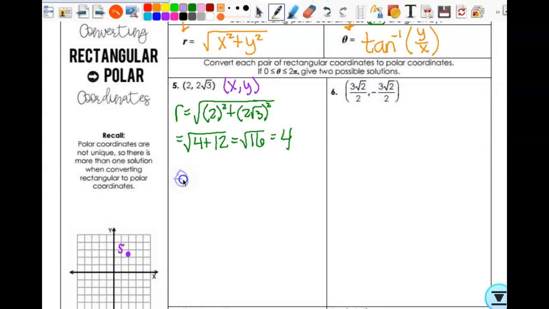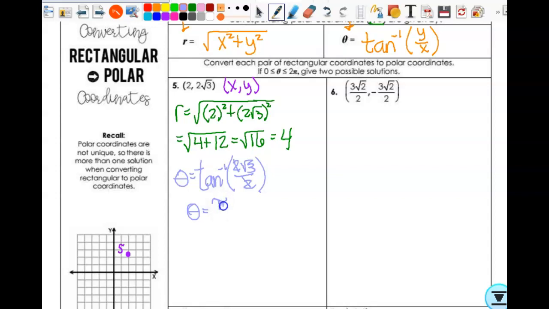Then I need theta. Theta is the tangent inverse of 2 square roots of 3 over 2. These can just cancel out, so I really just have the tangent inverse of the square root of 3, which is what? Pi thirds.